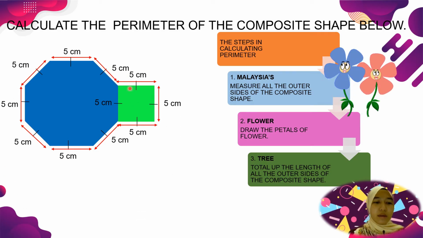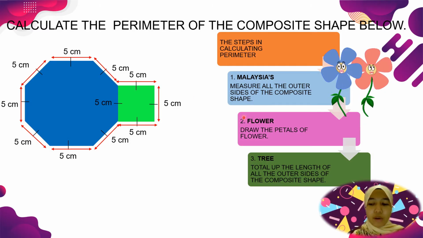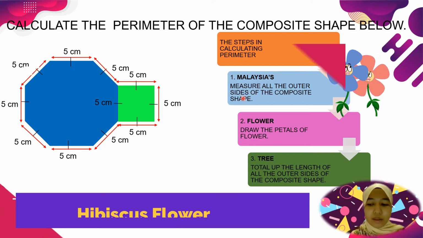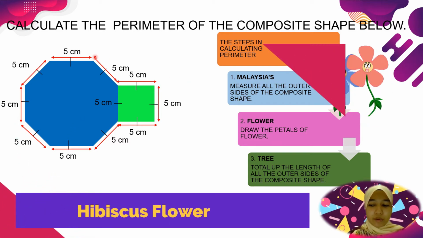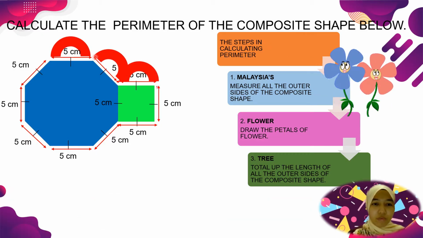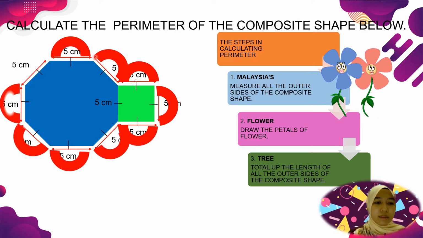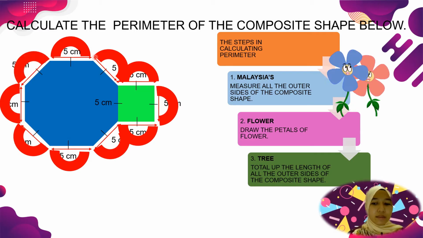centimeter. Okay, we go to the second step. Draw the flower. We will draw the petals of the flower starting from the first petal. 1, 2, 3, 4, 5, 6, 7, 8, 9 and 10.